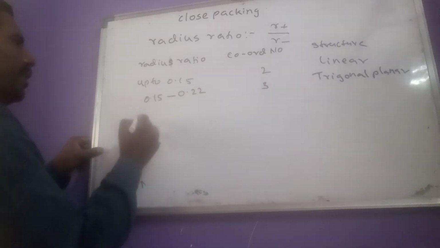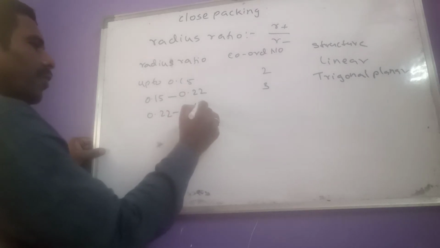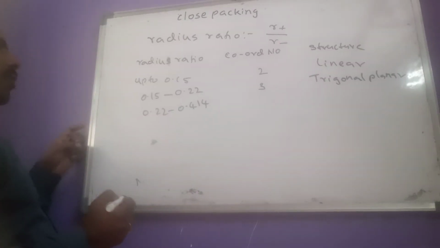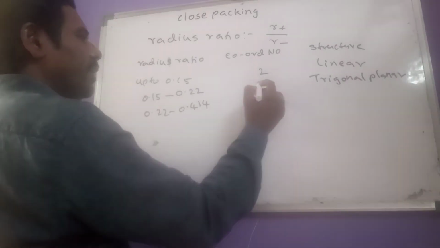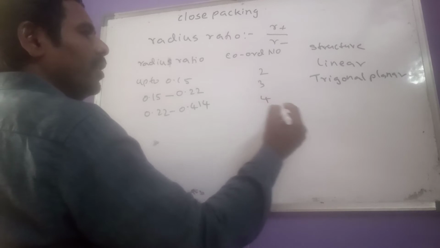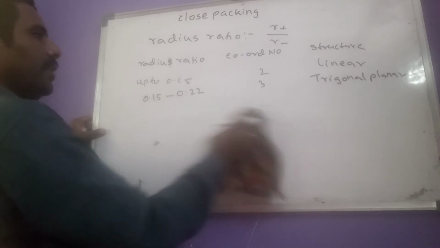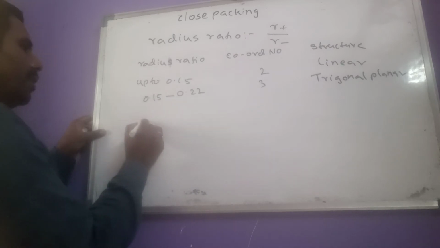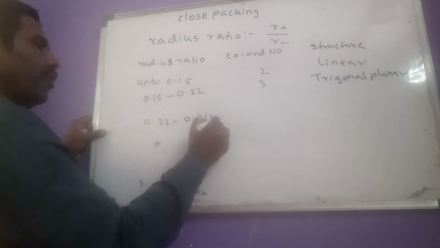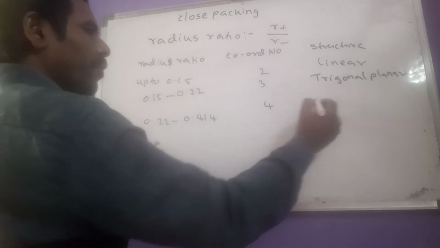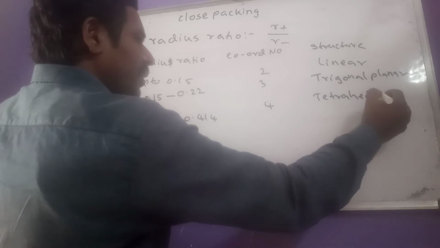Then 0.22 to 0.414, coordination number 4, and the structure is tetrahedral.